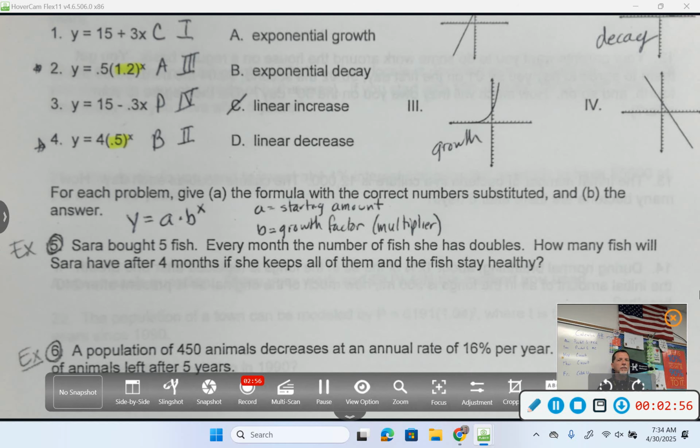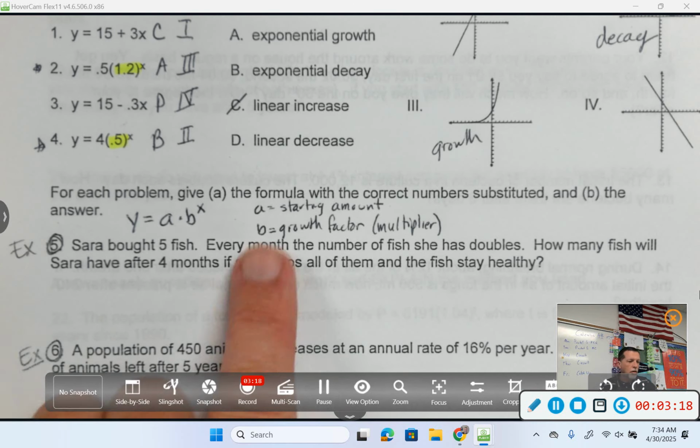So where's the cutoff between growing and decaying? 1 is the cutoff. Multiplying by more than 1 will get bigger. Multiplying by less than 1 will get smaller. That's a good question. What happens if you multiply by 1? Nothing. It just stays the same. So there wouldn't really be a growth factor at that point.